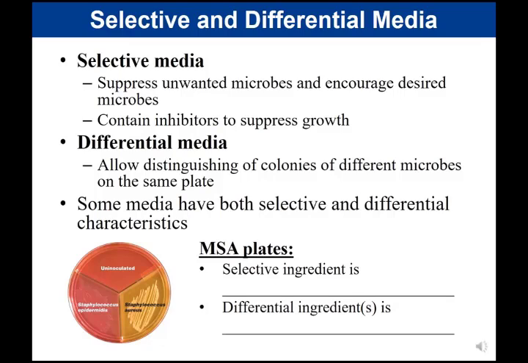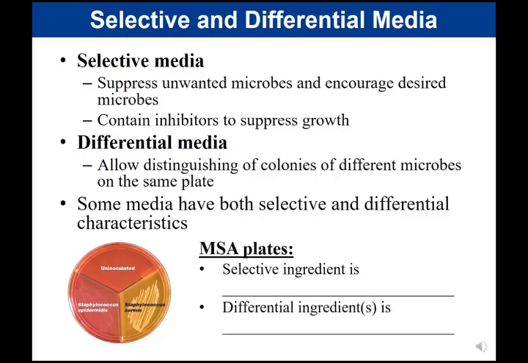It contains inhibitors that are used to suppress growth of some group of microbes. Differential media is a little bit different in that it allows us to differentiate or distinguish colonies of different types of microbes based on differences in species-specific metabolism. So it allows us to distinguish closely related bacteria based on the types of metabolism that they do.